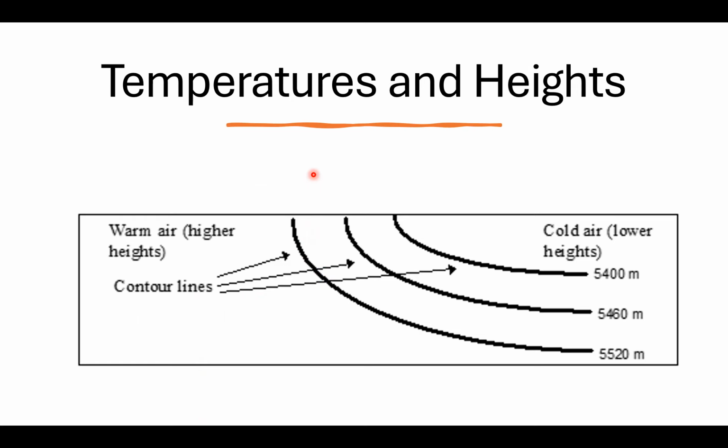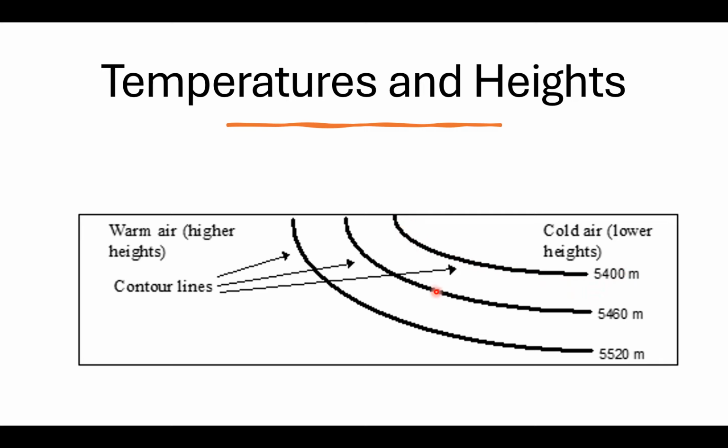To really make sure you understand this concept, here are some solid black lines. Now, each one of these lines represents a constant height value, okay? So we're looking at these constant height values. Everywhere along this solid black line is 5,400 meters, or 540 decameters if we drop that last zero.